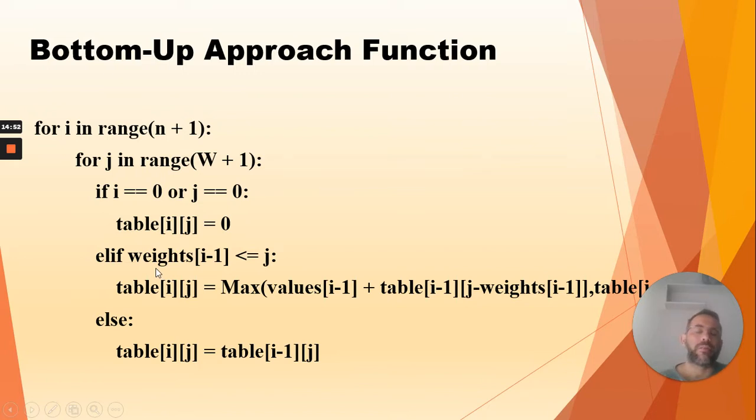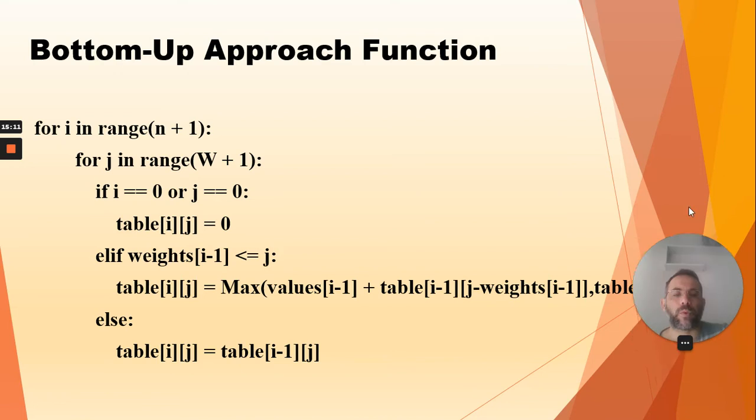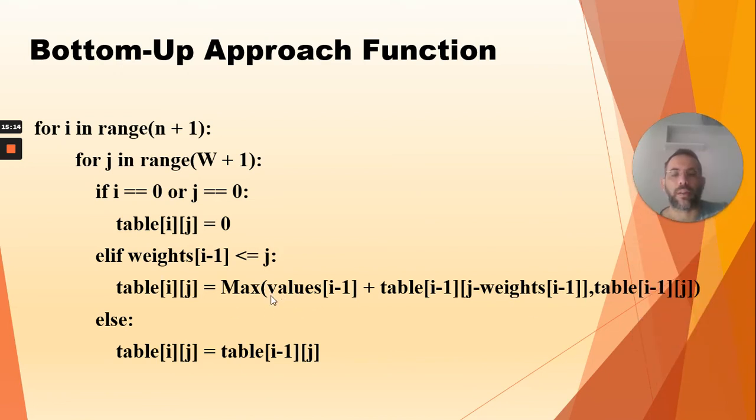If the weight of the current item is less than or equal to the capacity, then the optimal solution for the current sub-problem will be one of these values. The first part represents if the item is included, and the second part represents if the item is not included.